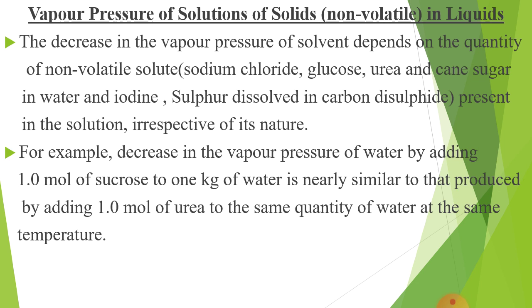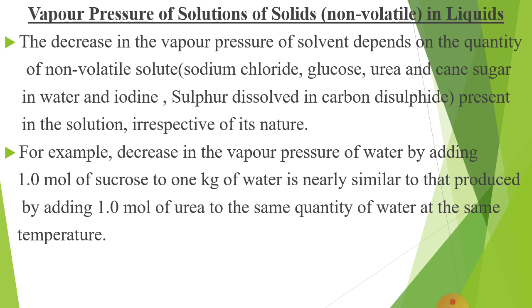To explain this, an example is given. For example, the decrease in vapor pressure of water by adding 1.0 mole of sucrose to 1 kg of water is nearly similar to that produced by adding 1 mole of urea to the same quantity of water at the same temperature.